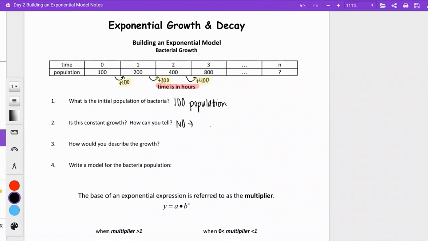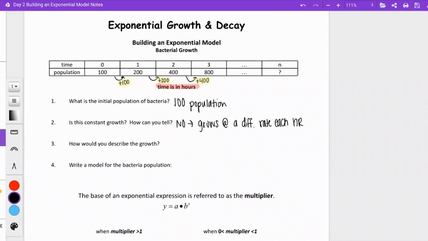So we're going to say that this is no. And the reason why this is no is because it grows at a different rate each hour.